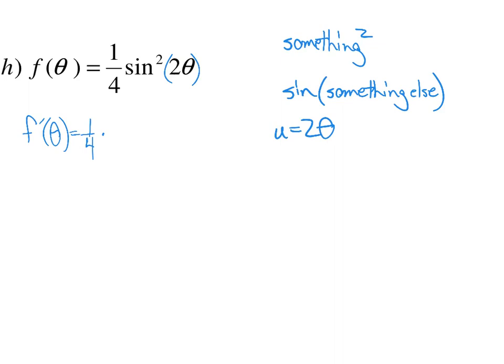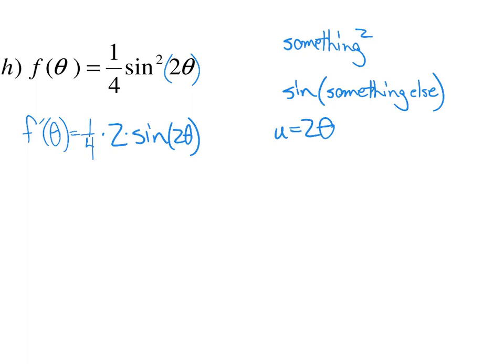So, if I need to do the derivative, I need to use the chain rule twice. Let's start at the outermost function. The outermost thing is what? The square. Just the square. So the derivative of something squared is 2 times that something to the first power.